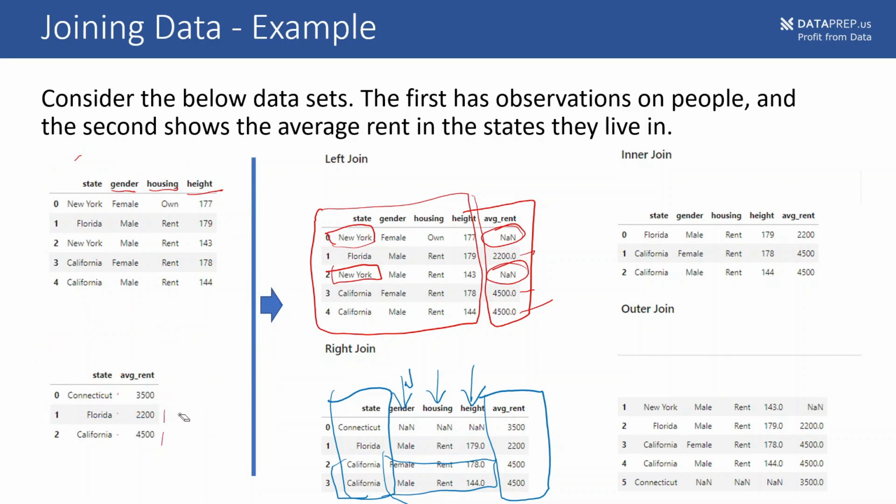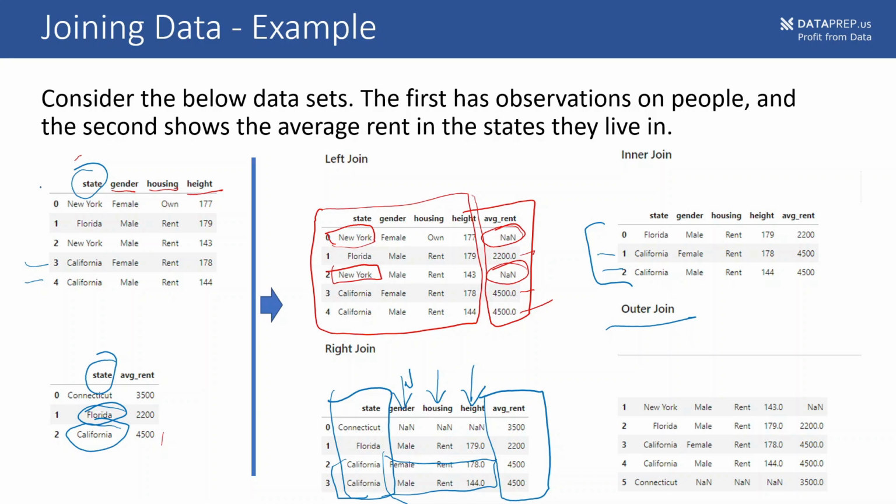And if you look at the intersection of both of these, you will find that the only states that are common based upon our reference field state are California and Florida, which is what we see here, Florida and California. California gets repeated because there are 2 people from California in this data set.